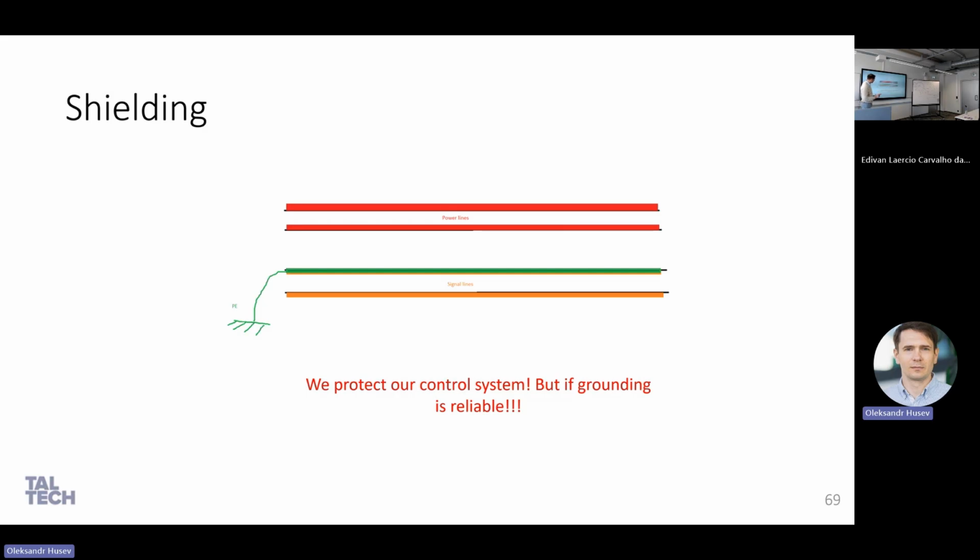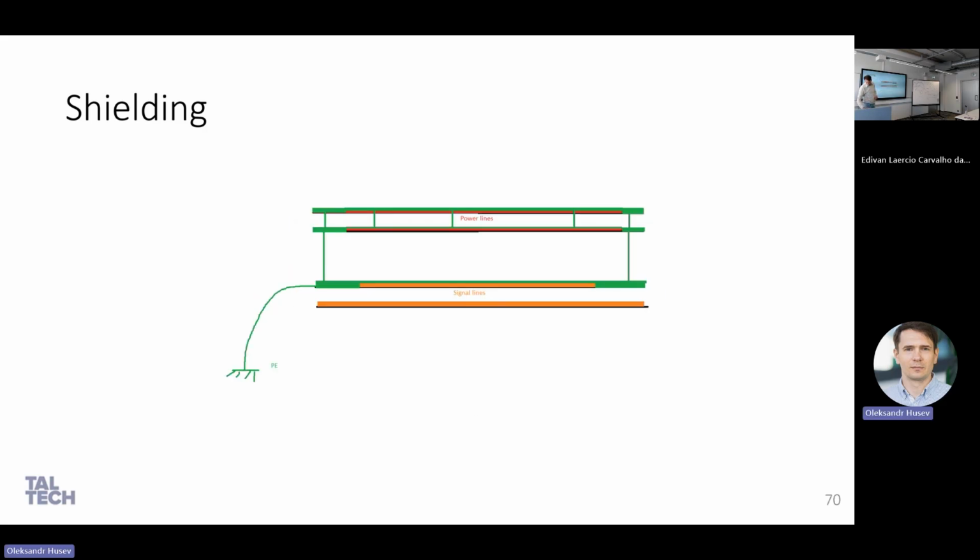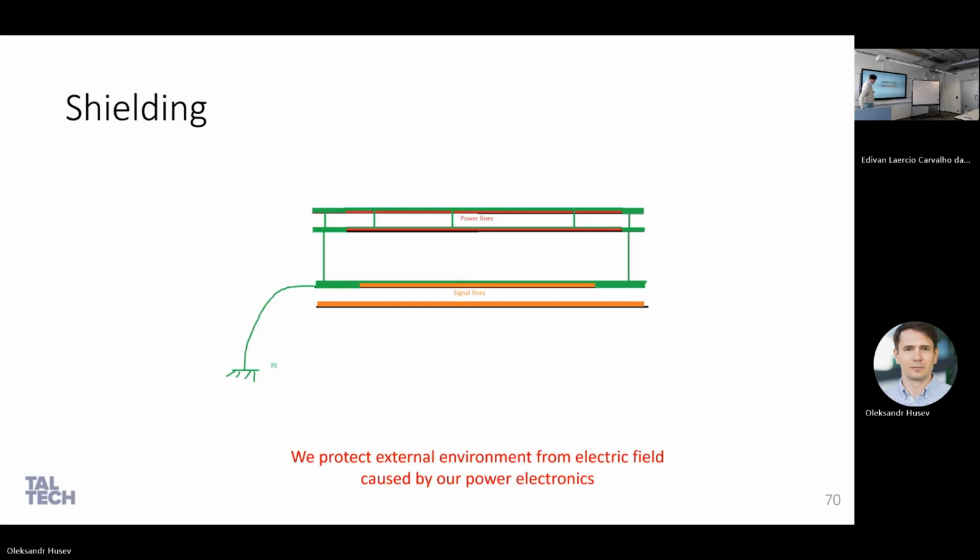If you rely on grounding, pay attention that it's really grounded. Also, shielding in this case: we protect the external environment from the electric field caused by our power electronics. It's completely different in approach here, if you use grounded shielding.